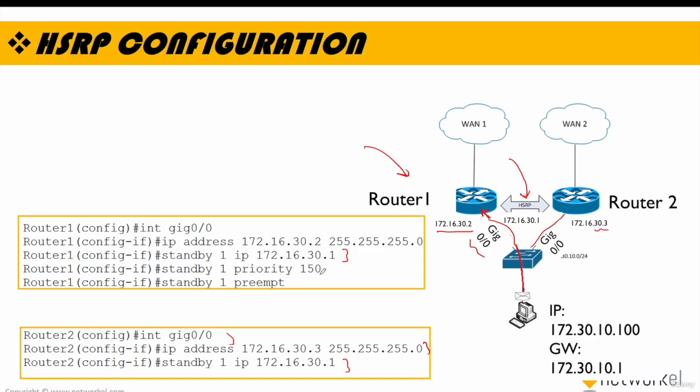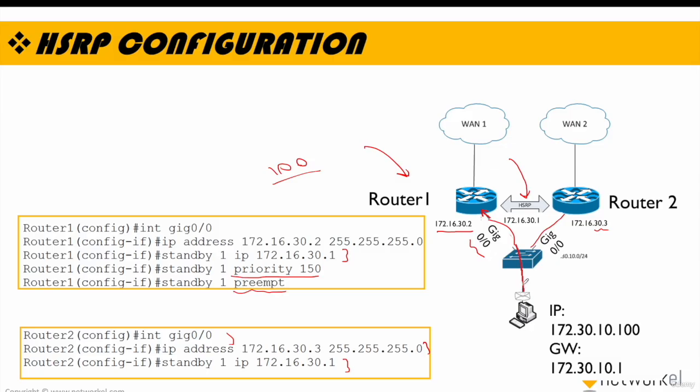And then for router 1, I see one configuration with a priority of 150, which means this will become my active gateway, right? Because the default priority was 100 and the highest priority becomes active. So that is why I'm configuring a 150 priority for router 1, because I want this one to be active, and I am also configuring the preempt.